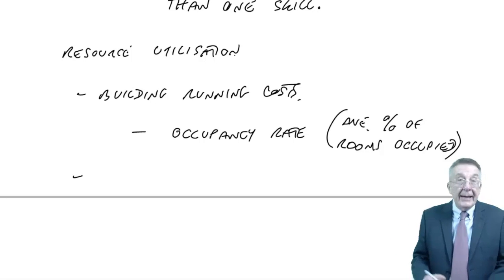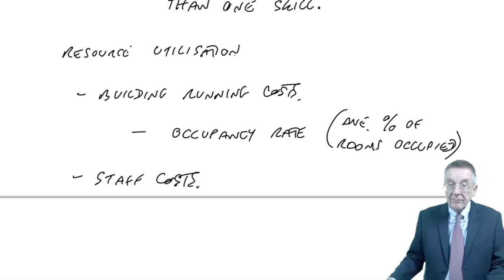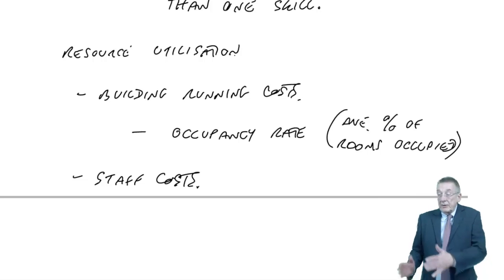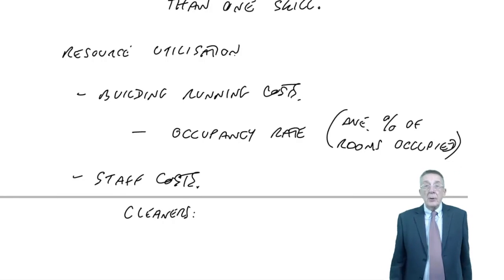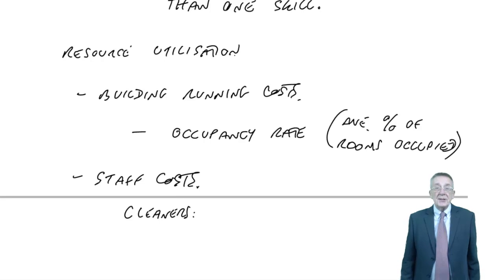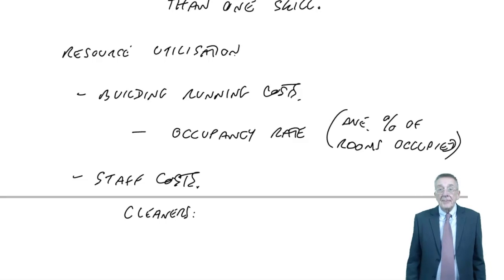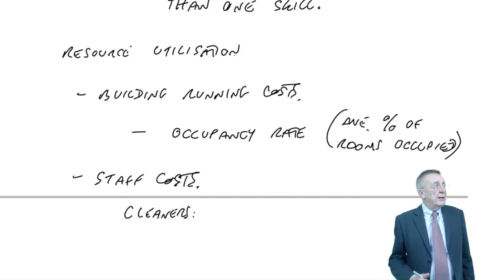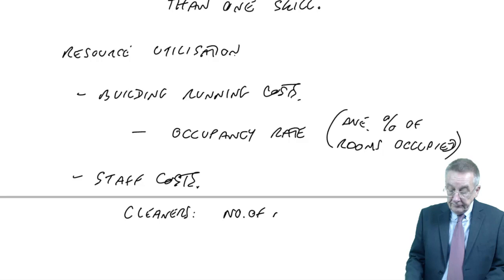The other main resource, I think, for any service industry is wages, staff costs. With different types of staff, but think of the cleaners who clean the rooms. How do we make sure we use the cleaners as efficiently as possible? You know, the more rooms they're cleaning, the better. So how could we measure it and put a number on it? Something like number of rooms per cleaner.